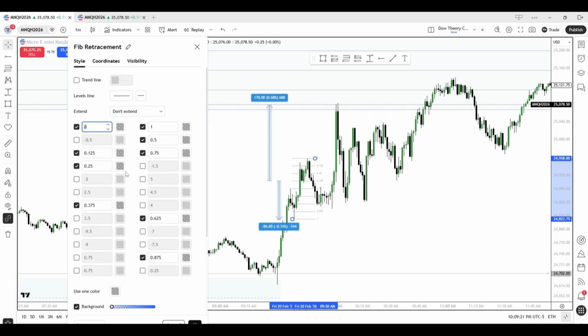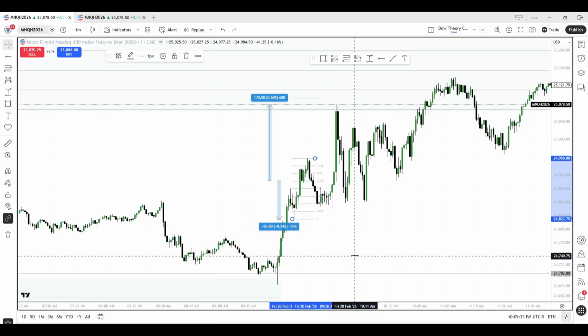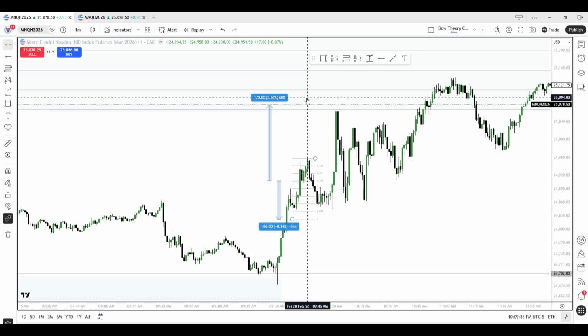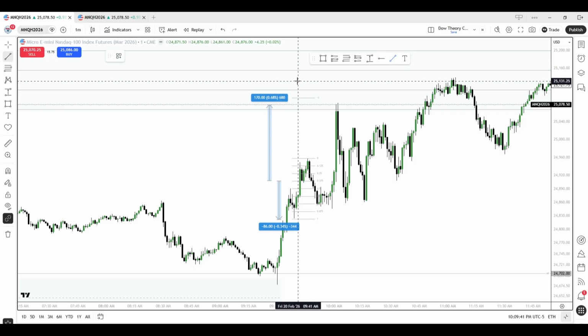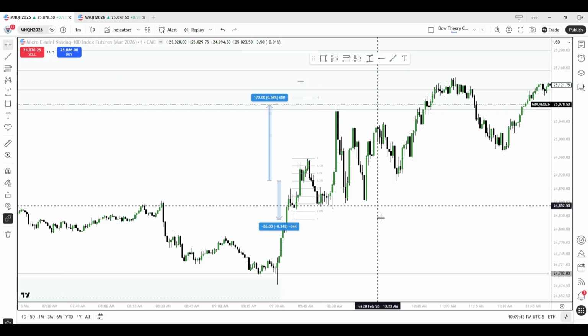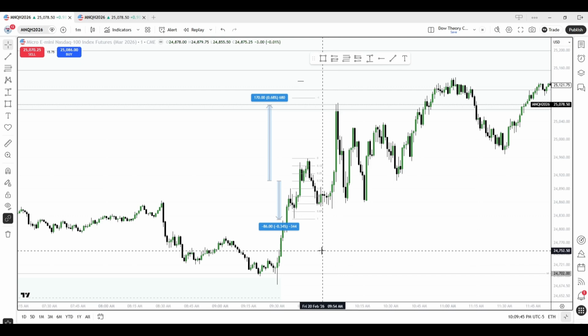So you can take this -1.5 and take this 5 off. Once you take this 5 off, add a 0, and then you'll see that level populate here, right? And now that I know that this one is here, I know my take profit had to be somewhere up here somewhere. Boom. Cool.